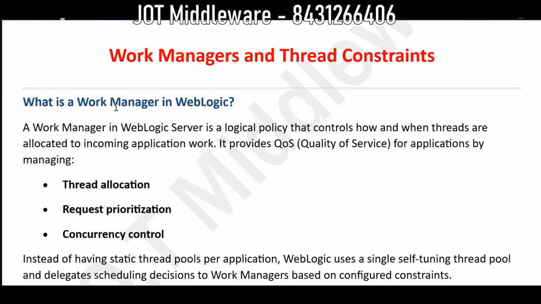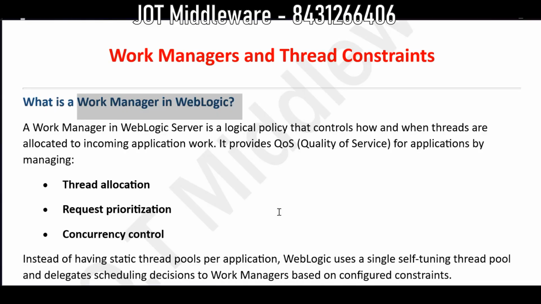Usually, imagine without a work manager, there is only a self-tuning thread pool. All the requests are coming in. There may be business critical applications, there may be non-business critical applications. There will be background jobs running, generating reports, and latency applications.